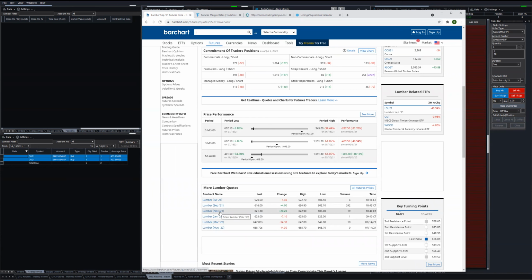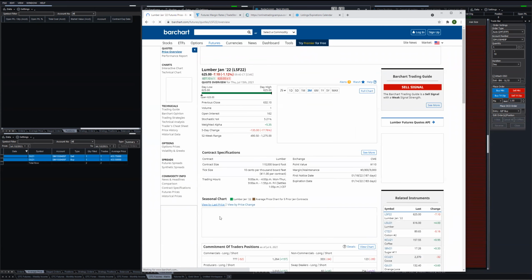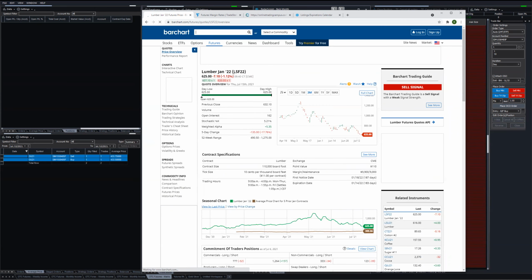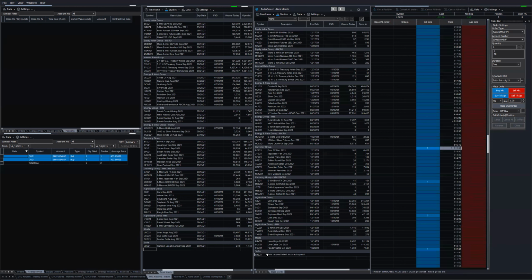What are we doing here now? November, January. We're in January. F. So the back month is F. LBF22. Sweet. So this part is done.